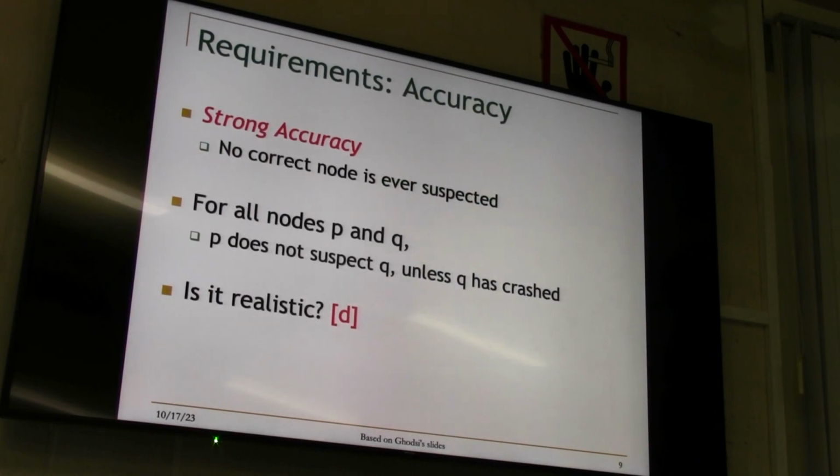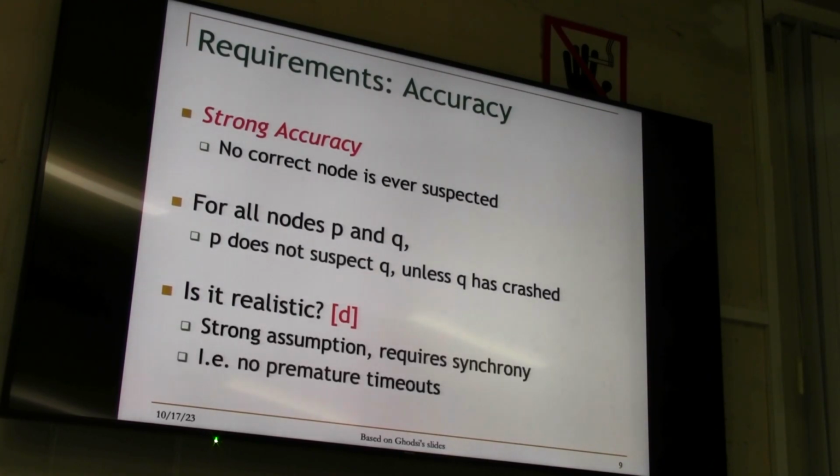And then for accuracy, there's also a strong and a weak version. The strong version is very simple: no correct node is ever suspected by anybody. That means if a node is correct, nobody will ever suspect it. That's perfect. Nobody will ever make a mistake.